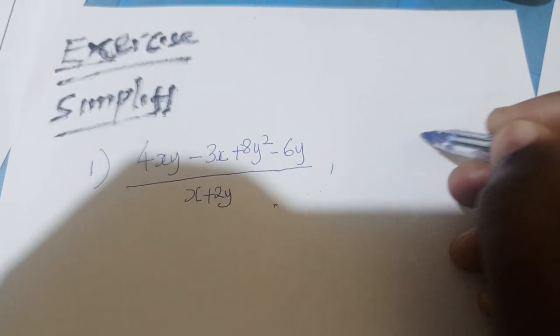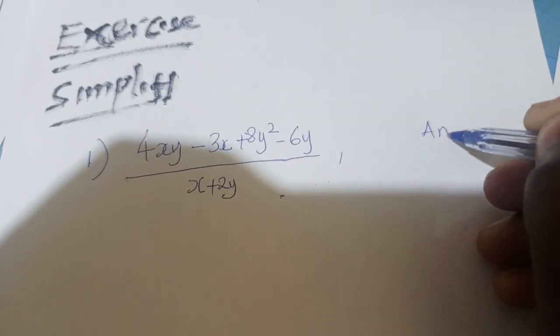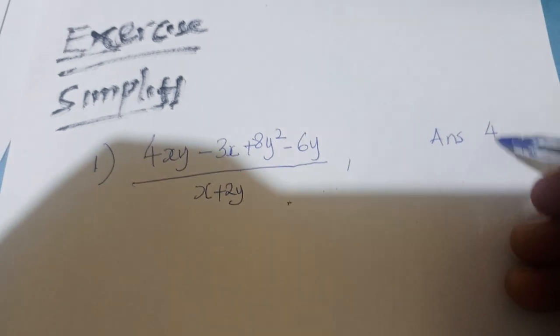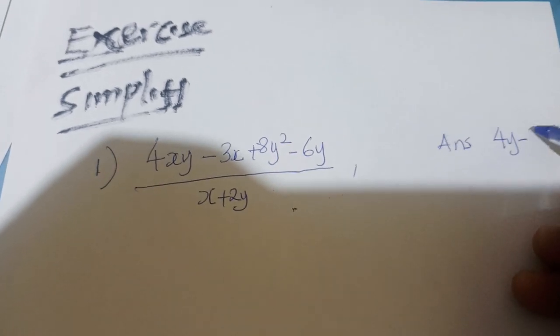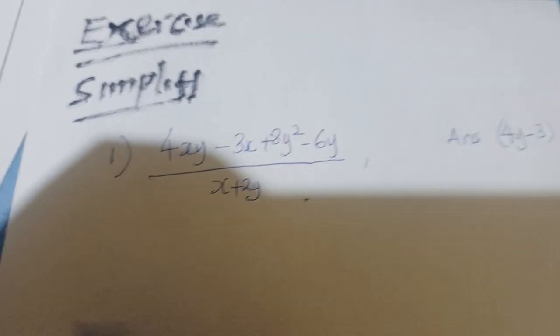Now try that and you should be able to get an answer similar to what we have, 4y minus 3. That is the expected answer.